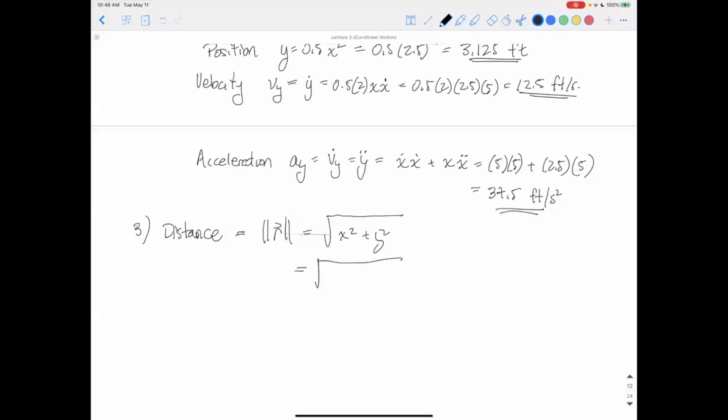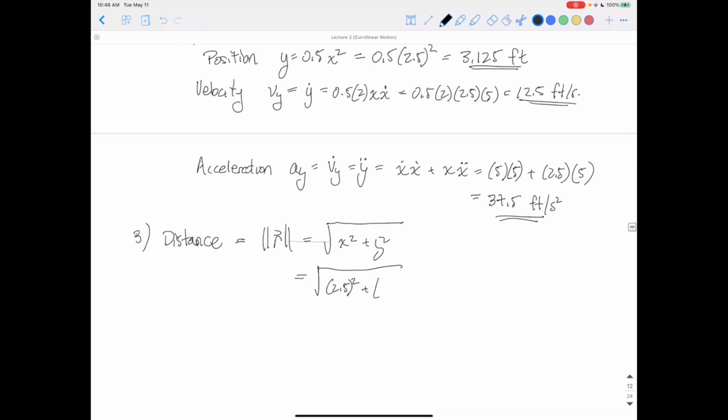We know our x position is 2.5 squared, and our y position is 3.125 squared. So we get our total distance, which is the magnitude of our position vector, is 4 feet.